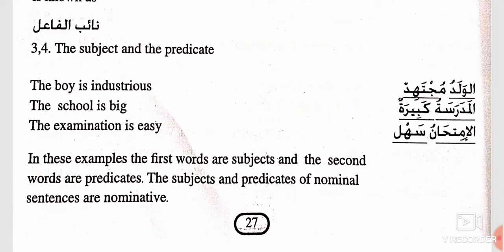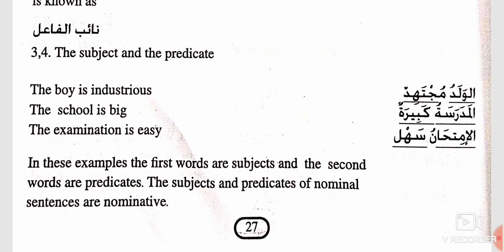Al-madrasatu kabiratun. The school is big. Here also the same condition. Madrasat is raf'u, kabirat is raf'u, because it is subject and predicate. Al-imtihanu sahlun. The examination is easy. Here imtihan is the subject and sahl is the predicate.